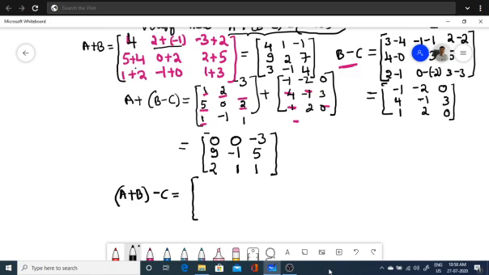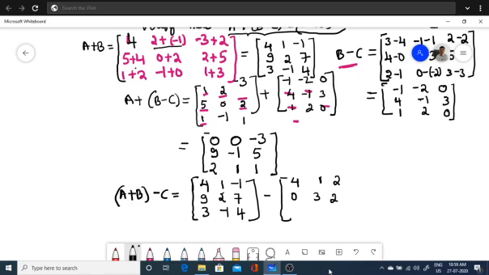That is A plus B: 4, 1, minus 1, 9, 2, 7, and 3, minus 1, 4. This is A plus B. And minus C will be C. We have C there: 4, 1, 2, and 0, 3, 2, and 1, minus 2, 3.